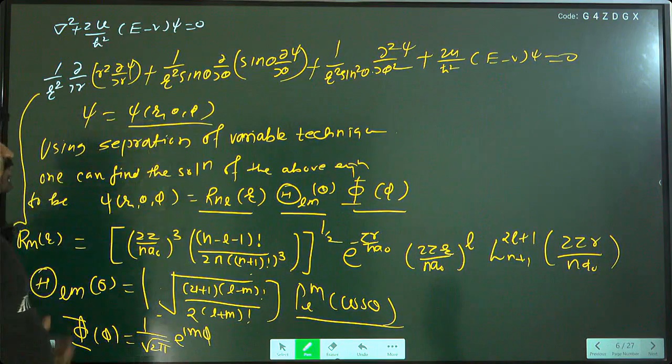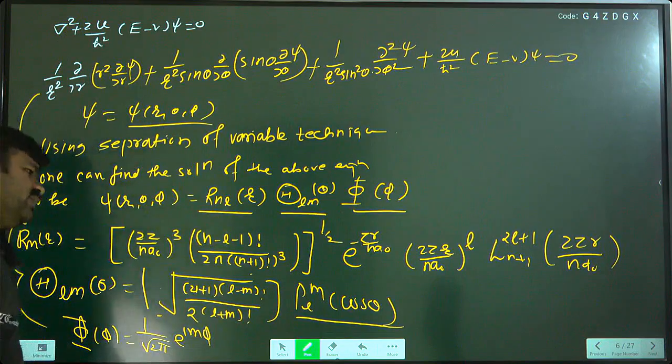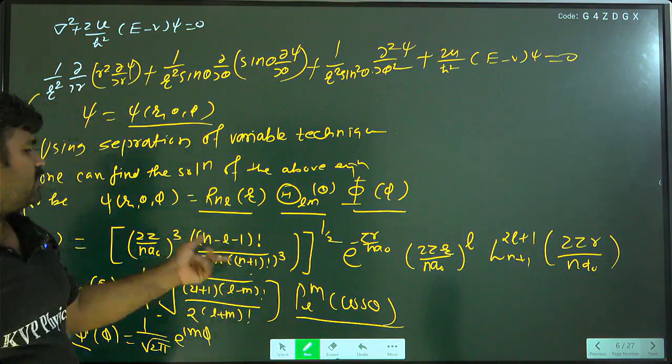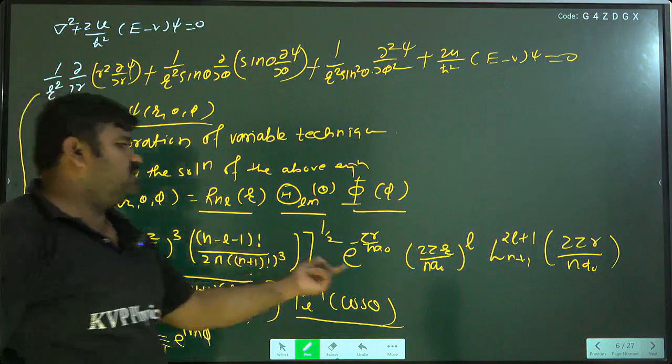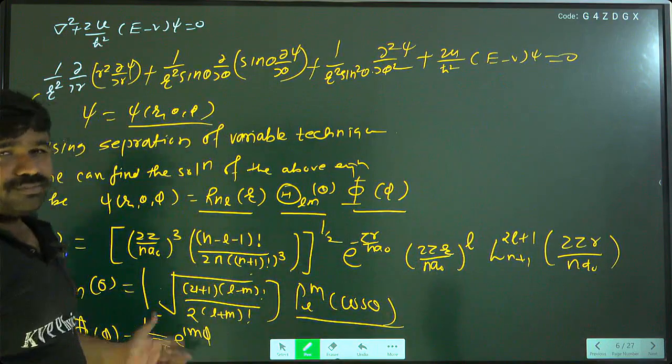Using the variable separable method we can separate it, and after separating we need to solve it. Then we get these solutions: 2Z upon n to the power, (n minus l minus 1) factorial upon this into this. Similarly for theta as well as phi.